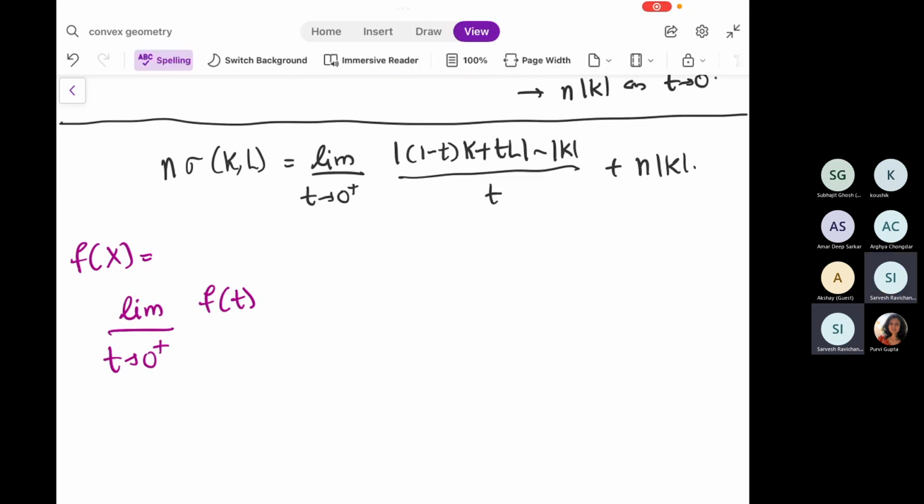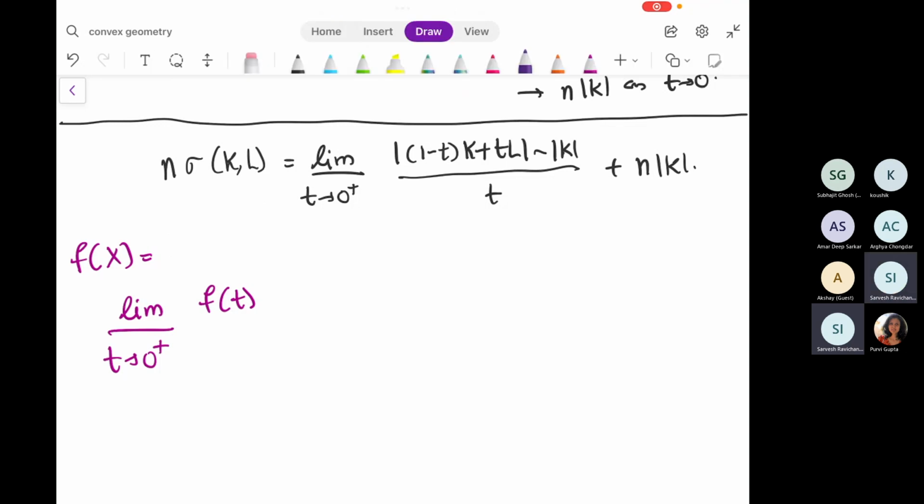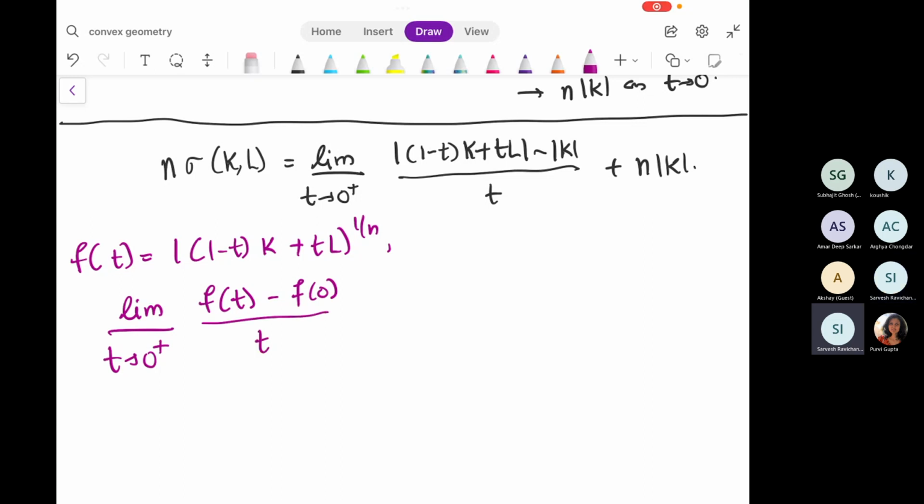If I define, say, f of t as the volume of 1 minus tk plus tl whole to the 1 by n, then what I'm trying to estimate here is the following: f of t minus f of 0 by t, right?